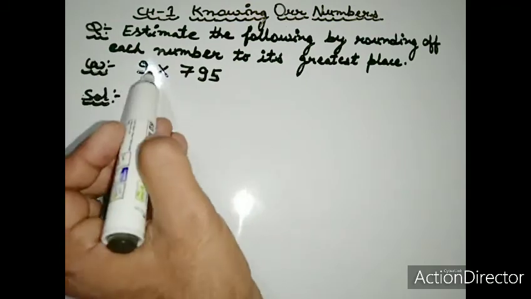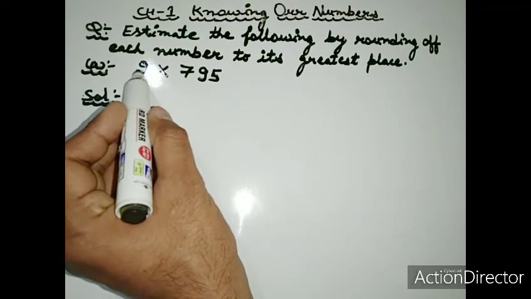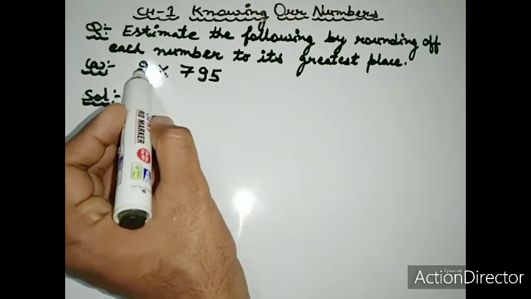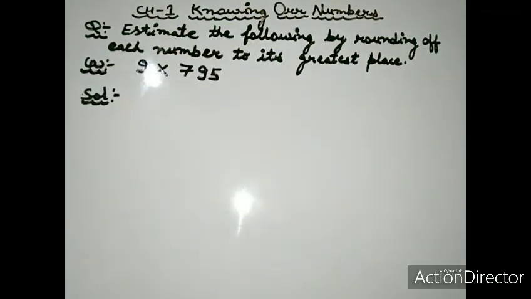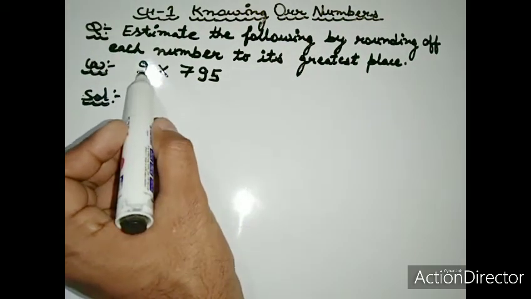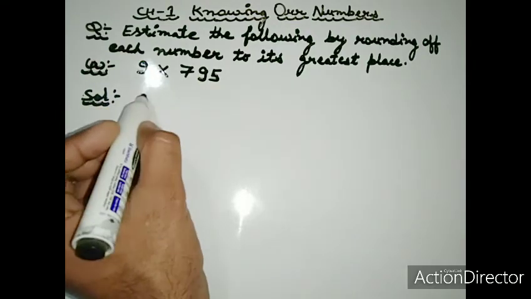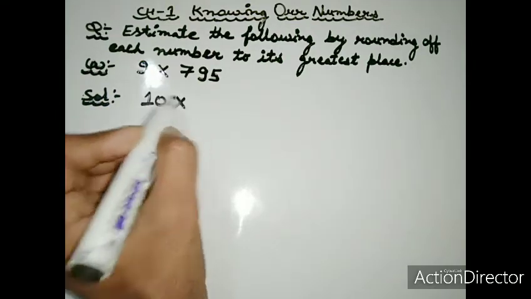Now here first we round these numbers, like here 9. If we round off 9, 9 is greater as compared to 5. So here we add 1 with this number. So 9 plus 1, 10.